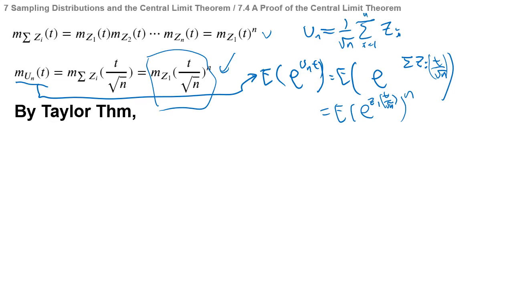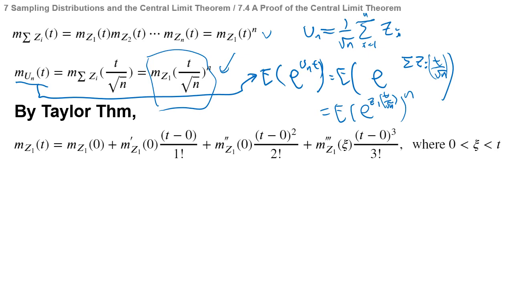And by using Taylor's theorem for m_z1(t), you can express m_z1(t) as this. This is Taylor's theorem at point 0, and from here, let's calculate these values.